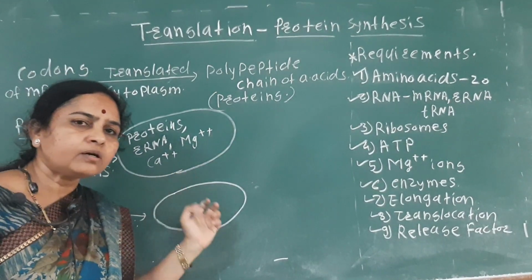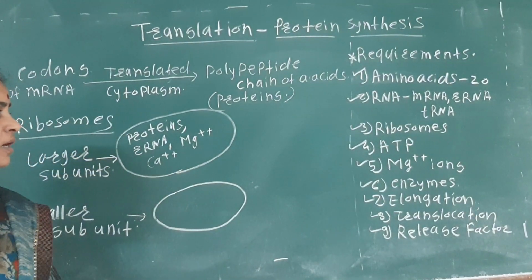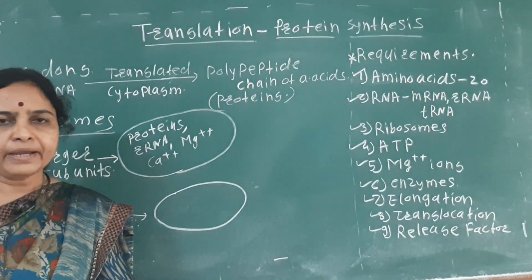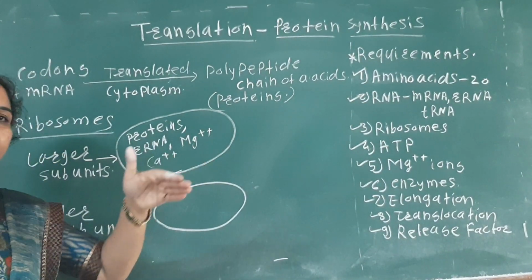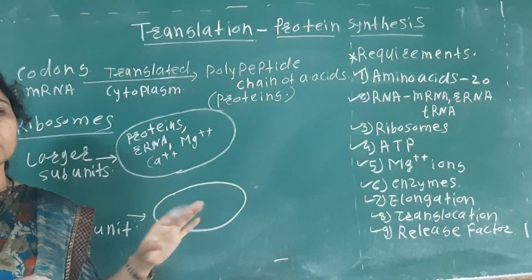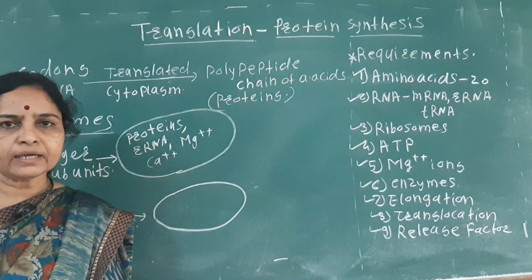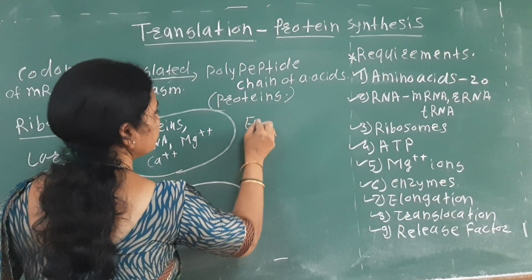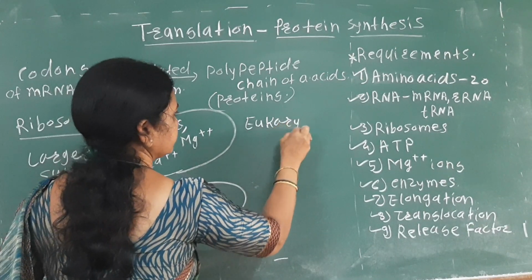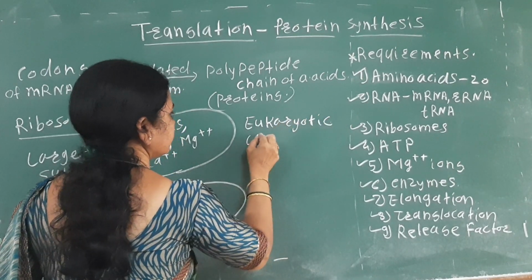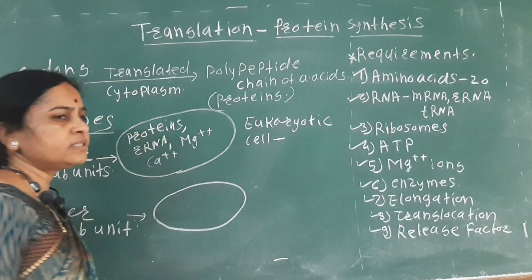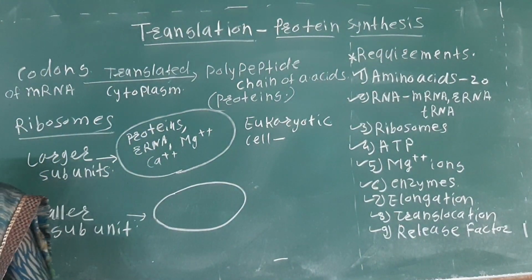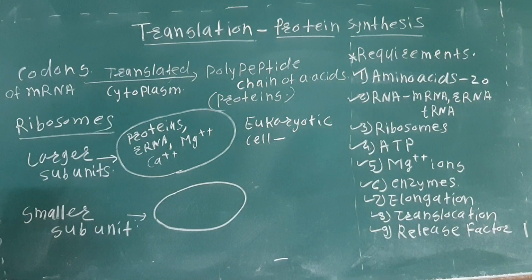These two subunits are freely suspended in the cell cytoplasm, and during protein synthesis they attach together on the mRNA. In the eukaryotic cell, the ribosome is of the 80S type, and it has two subunits, the 60S and the 40S.